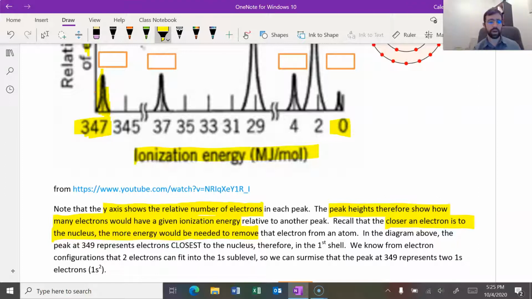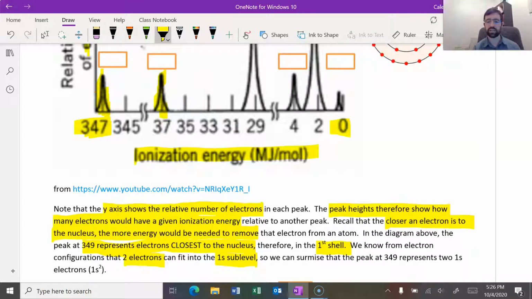In the diagram above, the peak at 349 represents the electrons closest to the nucleus. Therefore, they must be in the first shell. And we know from the electron configurations that we can have 2 electrons in the 1s sublevel. So we can come up with this idea. If that level is full, because I have another peak right here, then this other one must be full.